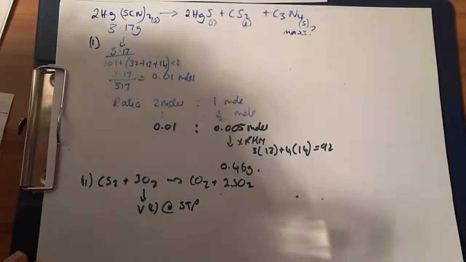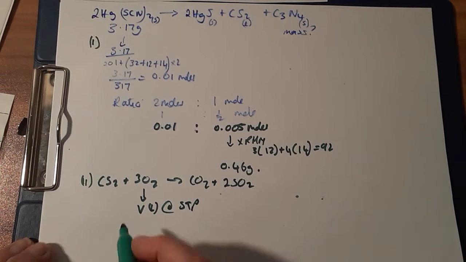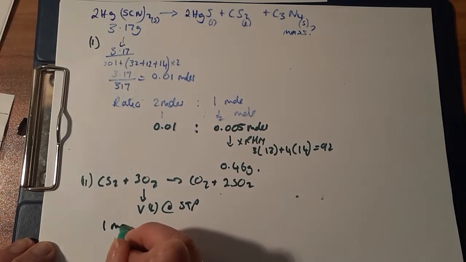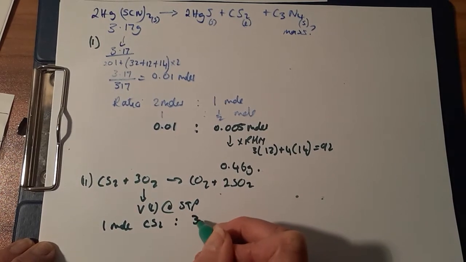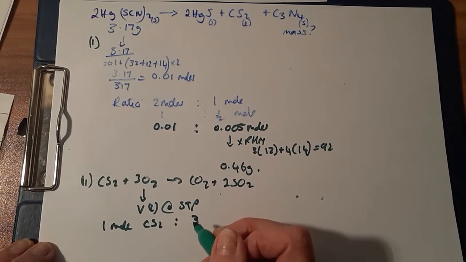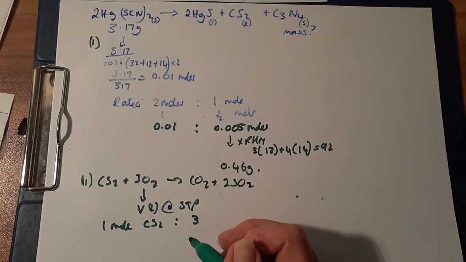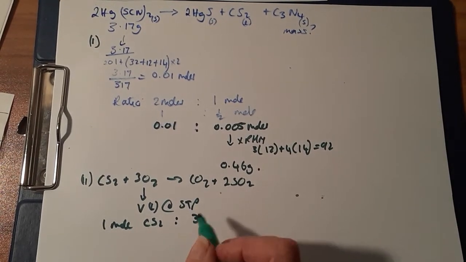So what does my equation tell me? From the equation, I know that 1 mole of CS2 requires 3 moles of oxygen. What's the question again? How many litres of oxygen gas are required for complete combustion of CS2?